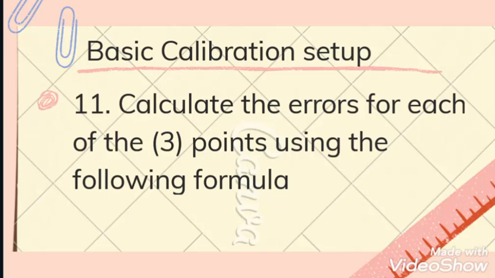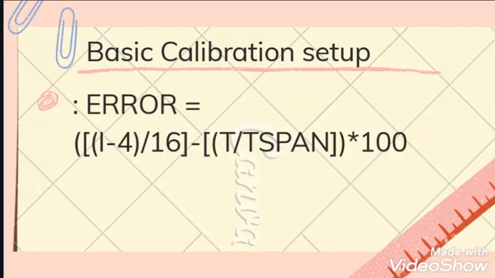After that we will calculate the error for each of the 3 points, which are our 0%, 25% and 100%. Then we will use these values in the formula to calculate the error. This is the formula: Error = ((I - 4) / 16 - T / T span) × 100.